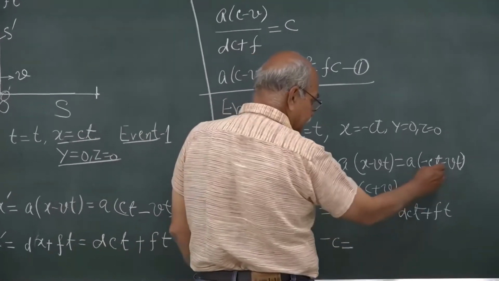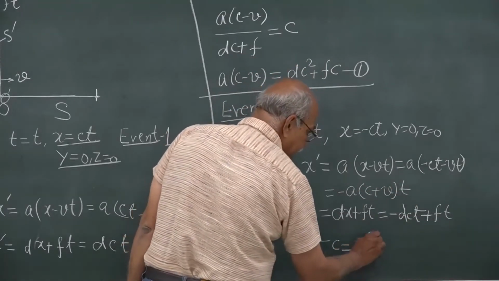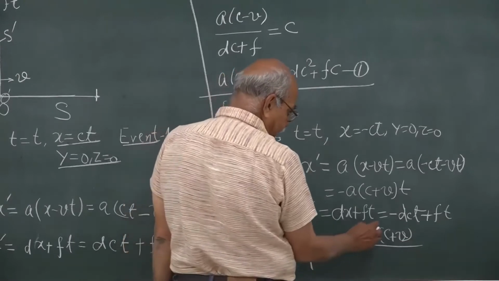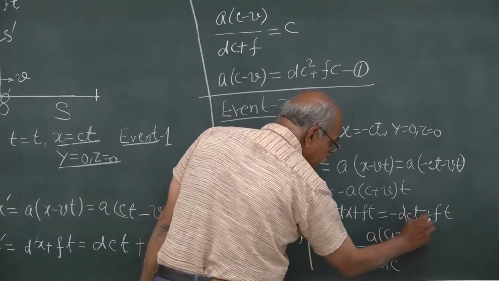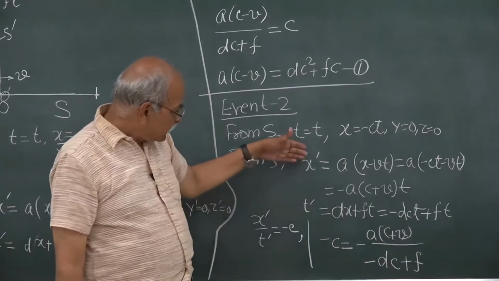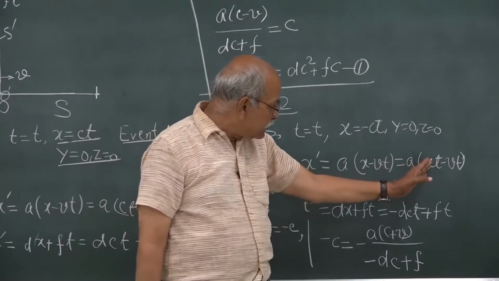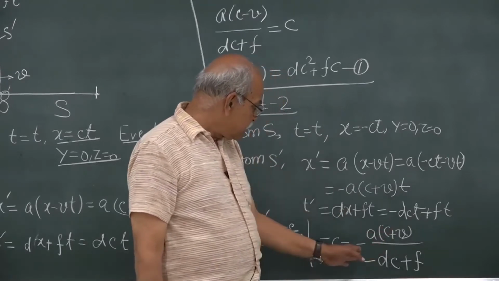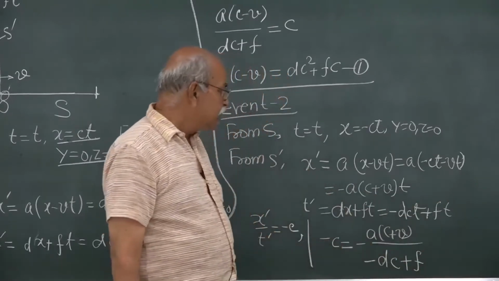When you divide, this t gets cancelled and you have minus A into c plus v, divided by minus D c plus F. So, minus c equals minus A c plus v t, divided by minus D c t plus F t, and t cancels out.